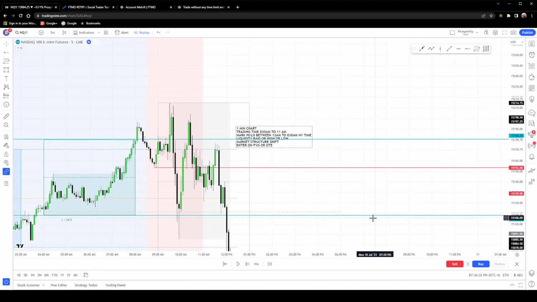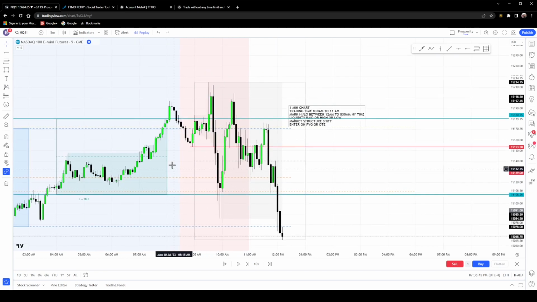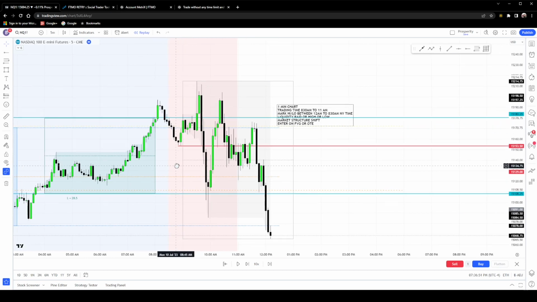And then we do have a break of the low of London, but I still would have been looking for a sell just because it wicked up into London's time frame, right? Like, it didn't close underneath London as far as these highs did.